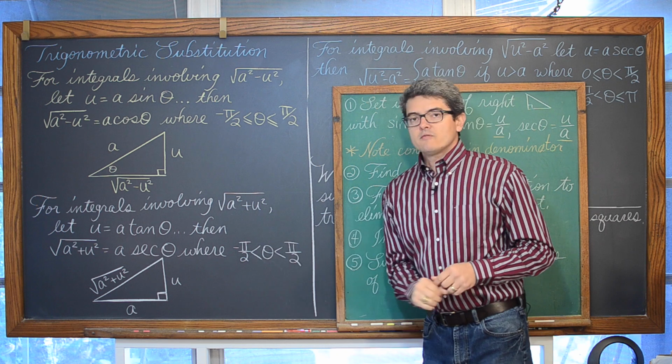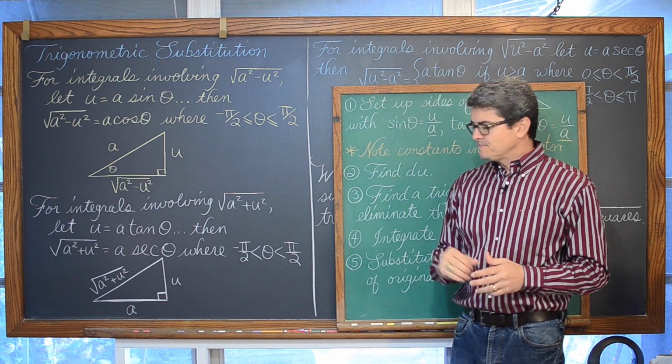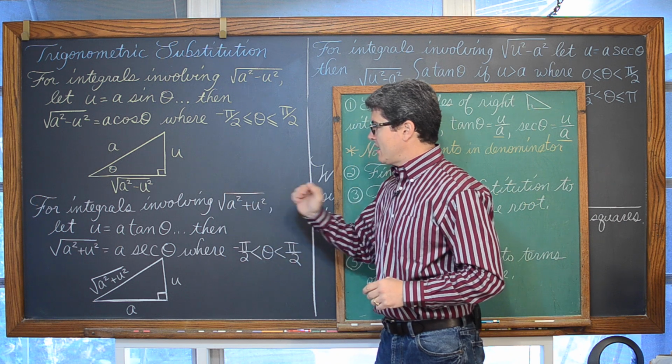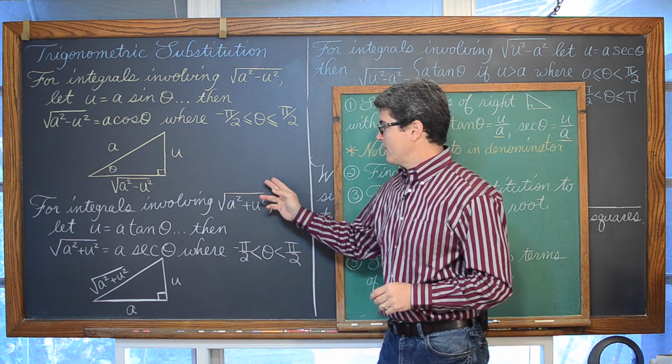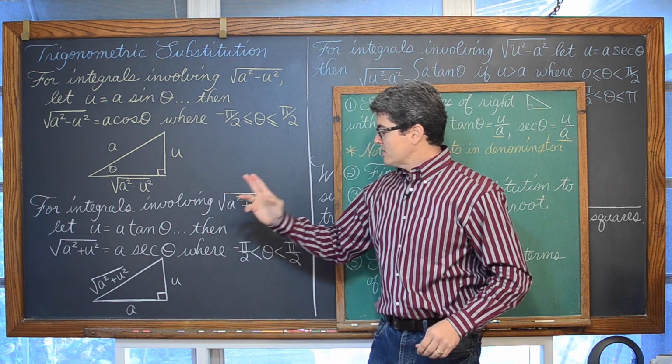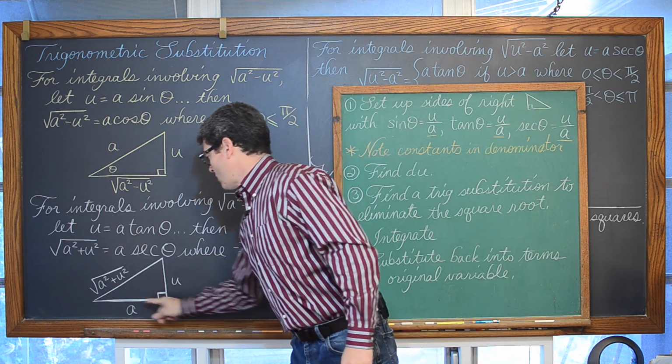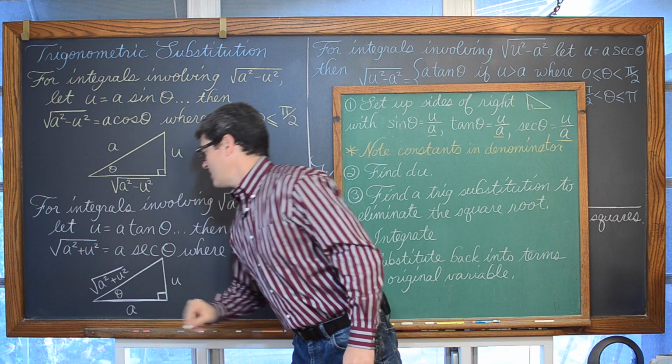With those integrals involving a squared plus u squared, and recognizing that I have the sum of 2 sides squared added together, the square root has to be the hypotenuse. Does the u go here, or does the u go into the horizontal leg of this triangle?